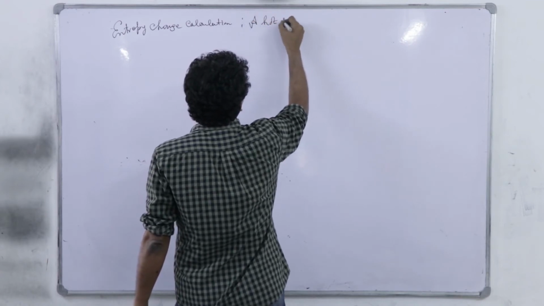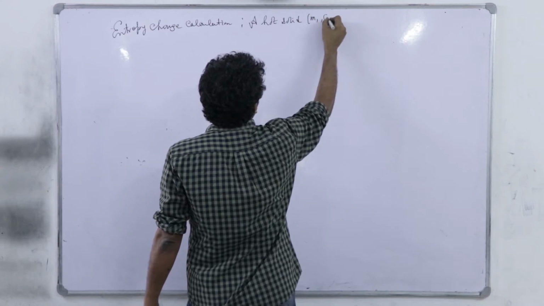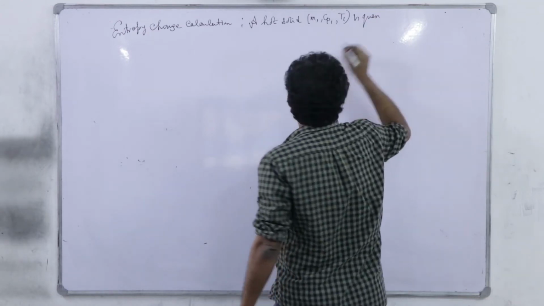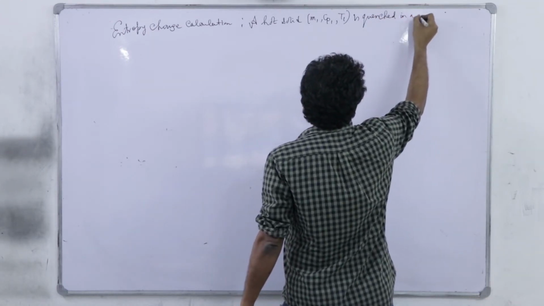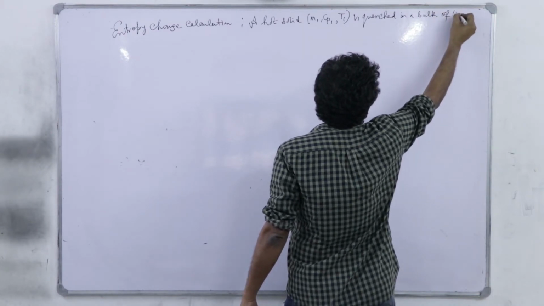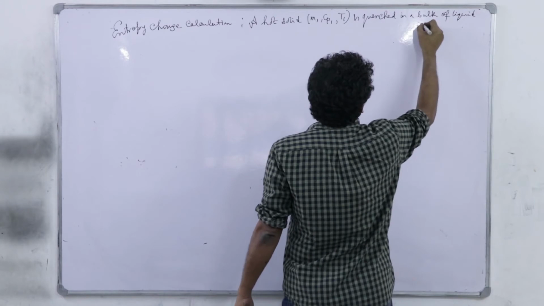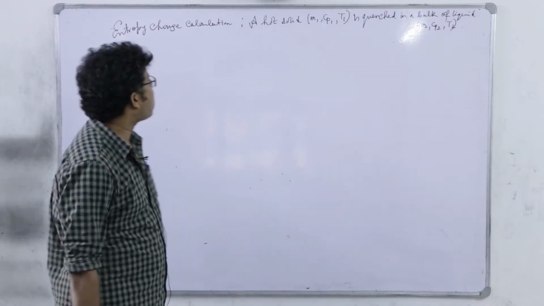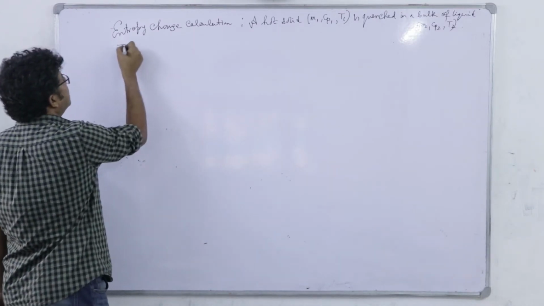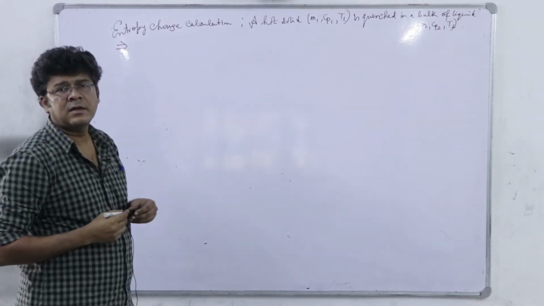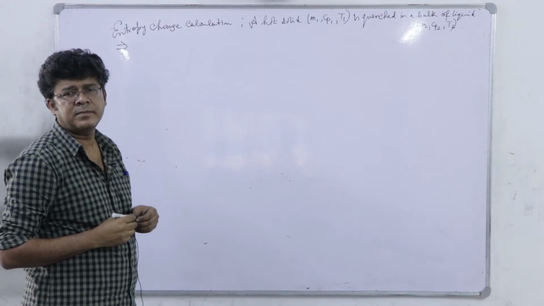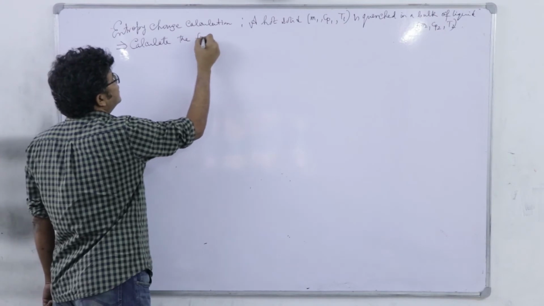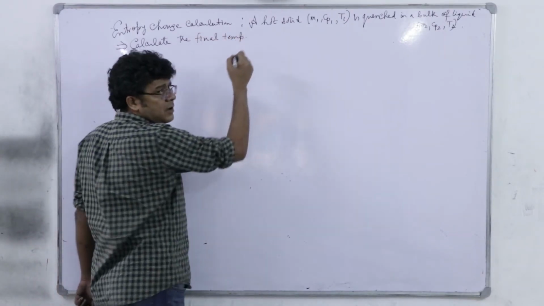A hot solid, mass m1, specific heat Cp1, temperature T1 is quenched in a bulk of liquid, mass m2, specific heat Cp2, initial temperature T2. So, the first step is to calculate the final temperature of the system.